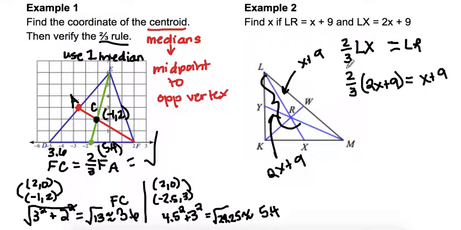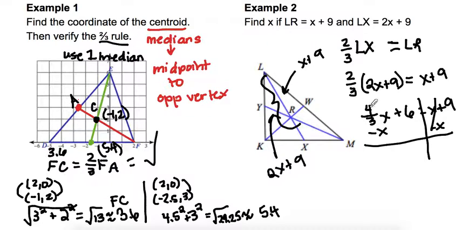So now we're going to multiply this in. 2/3 times 2 is going to give me 4/3. 2/3 times 9 is going to give me 6. So then to solve it, I'm going to subtract x from both sides. So 4/3 minus 3/3 to make 1. 4/3 minus 3/3 is 1/3.